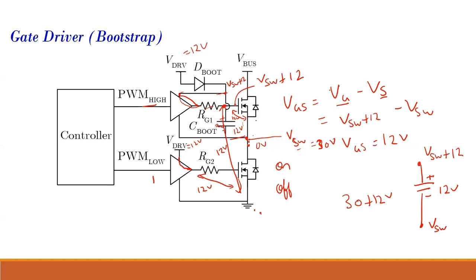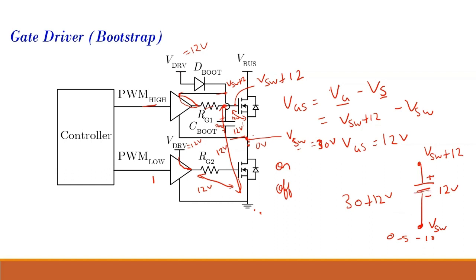Sir, if VSW is not in our control, then how are we getting VSW plus 12? Yes, because I have charged the capacitor to 12 volt. Okay, that's fine. The capacitor is 12 volt, and at the bottom this VSW can change. VSW can become 0, it can become 5, it can become 10. That is fine. But the voltage across the capacitor, I fixed it to be 12 volt.